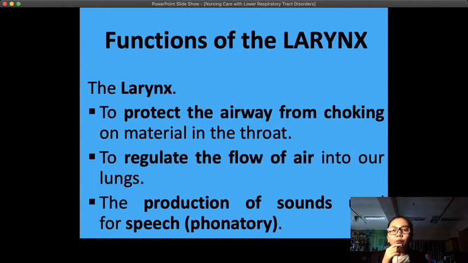We eat a lot of foods. And kung waray ka larynx, mag-choke ka. Okay? And then it also regulates the flow of air. Or else, kung waray larynx, madiretso ang hangin ha, aton lungs, we will get drowned of so much air. Okay? And, of course, the production of sounds.